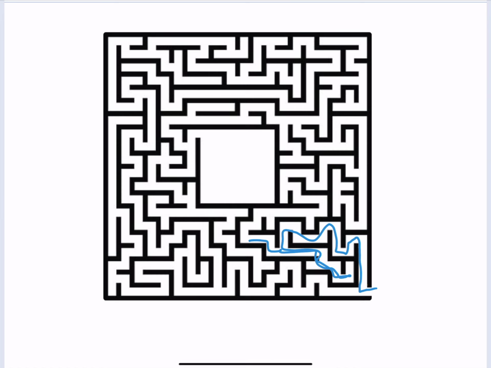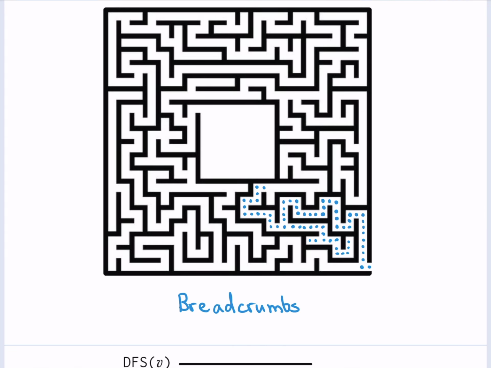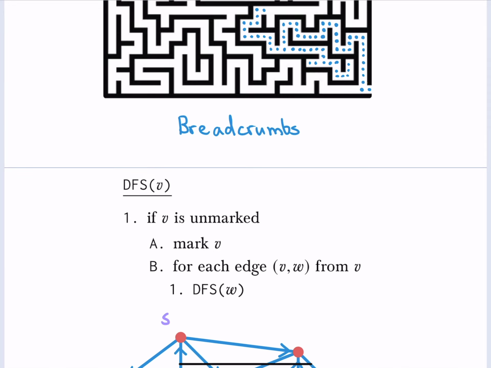It's like a Hansel and Gretel kind of thing. You can leave breadcrumbs to everywhere you've already gone, so that you don't revisit the same place twice, which you already knew because you've done these all through your childhood. That's basically the only idea we're going to introduce to the recursive algorithm, and it's going to calm all our problems.